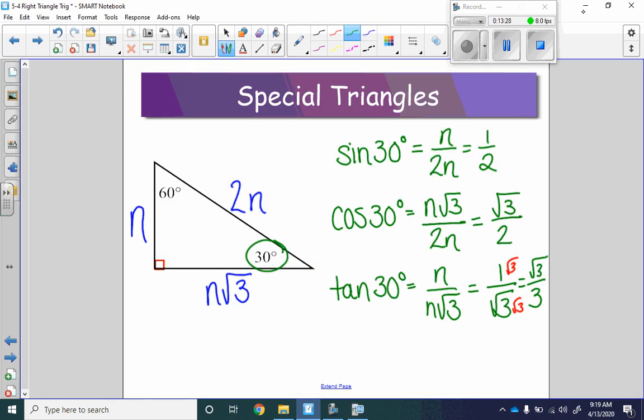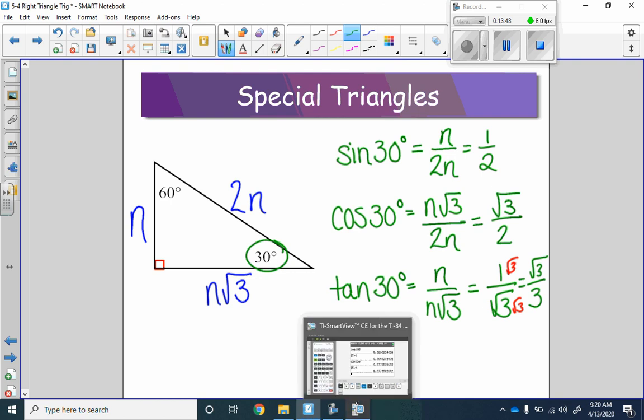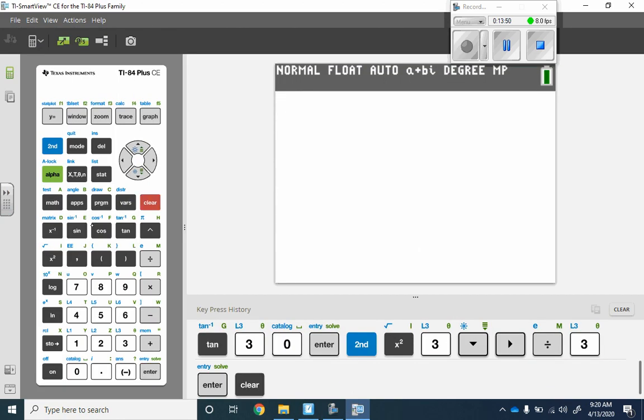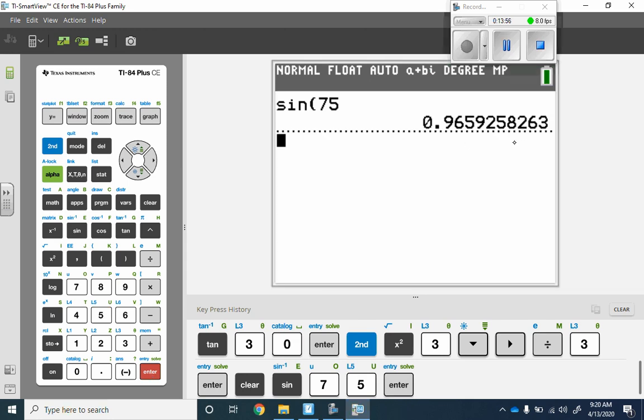Every single right triangle out there has one angle of 90 degrees, and the other two angles have to be complementary to each other. All of the ratios between its opposite, adjacent, and hypotenuse are going to have a specific ratio to work with. And that's the beauty behind using our calculators. So when I take the sine of, say, 75 degrees, that number is whatever that ratio is going to be for a right triangle that has a 75 degree angle.